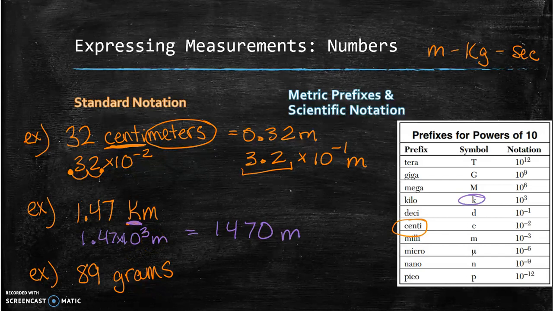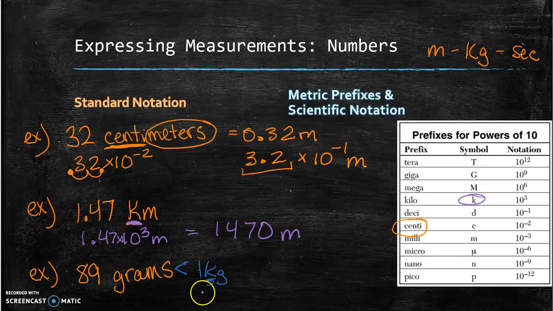We also want to get things from kilograms to grams or grams to kilograms, and that's a little bit different of a process than from kilometers to meters. So we can look at that by really thinking, okay, well, I have 89 grams. Well, that's less than 1 kilogram. So I better get something that's a decimal. Well, I want it in kilograms.